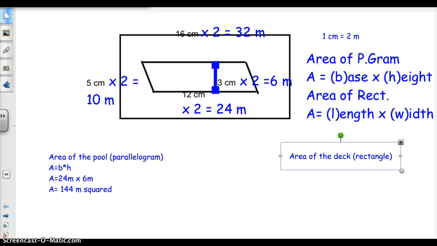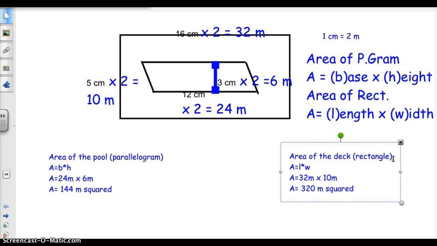Area of the deck is the rectangle, so that's the big outside piece, and I see area equals length times width. Area equals 32 meters times 10 meters. Therefore, the area equals 320 meters squared.